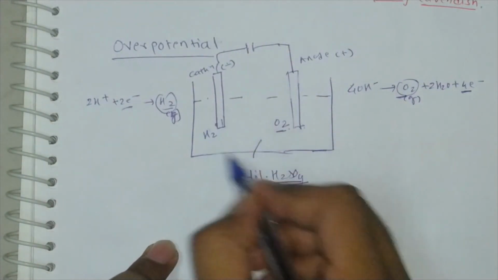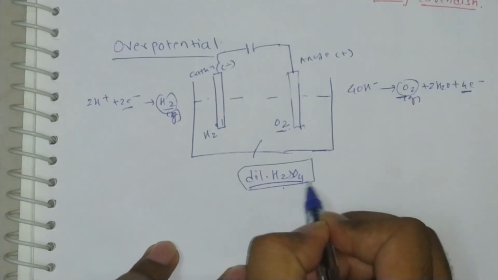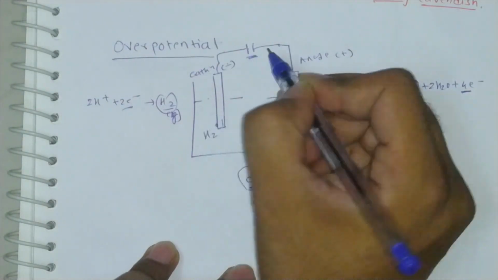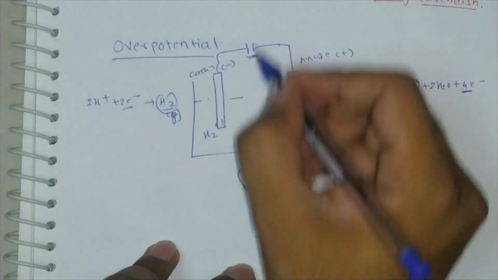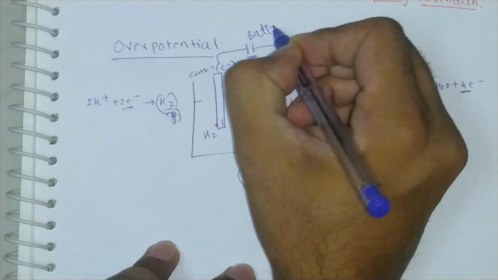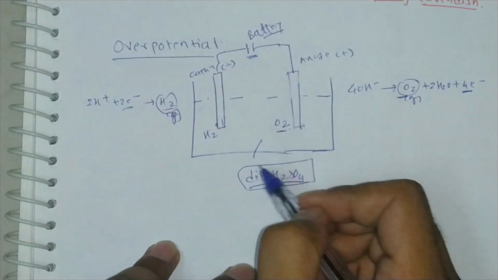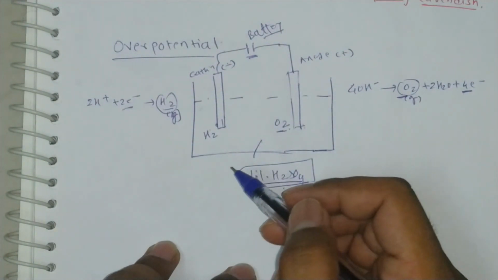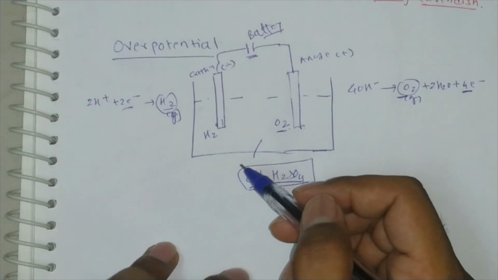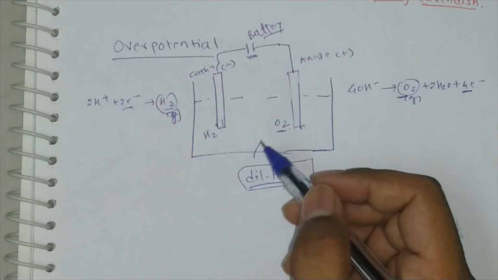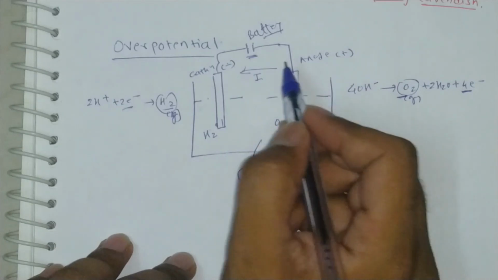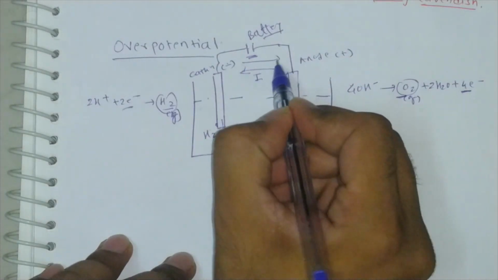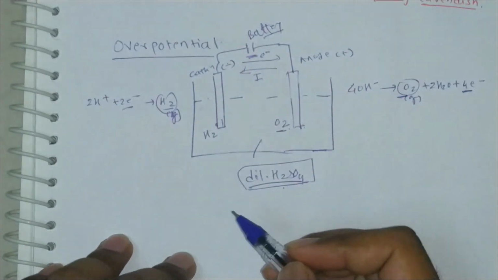For the electrolysis or decomposition of H2SO4, we need to supply the current through this circuit with the help of the battery. We know current always flows from positive to negative charge. So current will go from anode to cathode, and the electron will flow from cathode to anode in this direction. This is the flow of electrons.